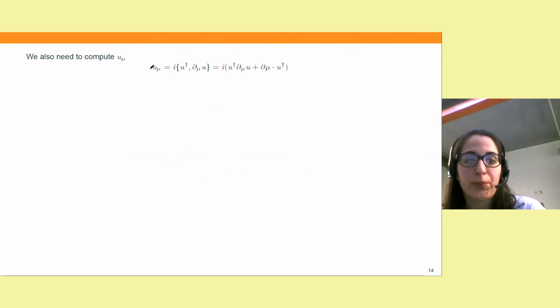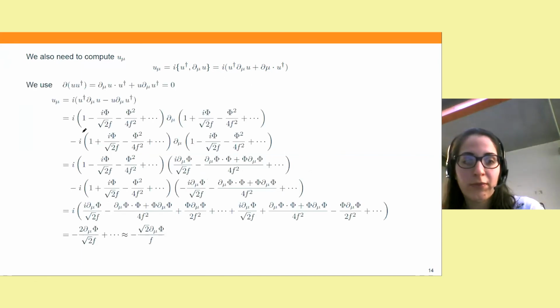But we also need to compute this U mu, which we saw is defined like this in terms of the anti-commutator. So we do the same: we expand this U and U dagger in terms of the exponent, given in terms of the exponential of the mesonic field.